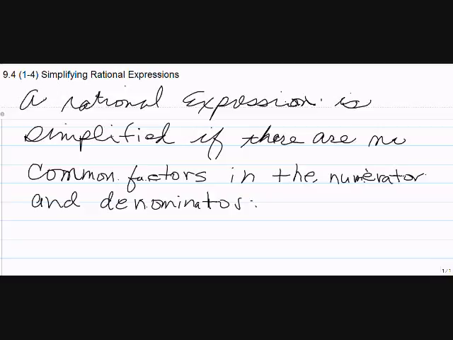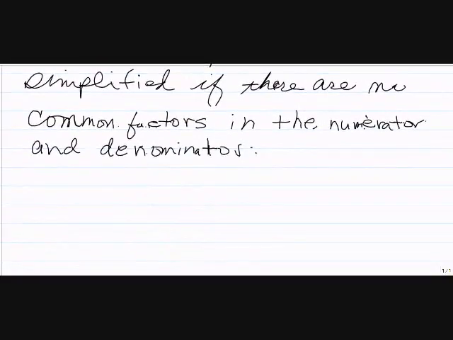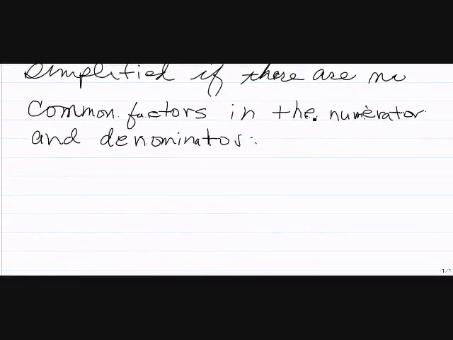So let's simplify one, and we have to give restrictions where those asymptotes and holes would be if it were in function form.